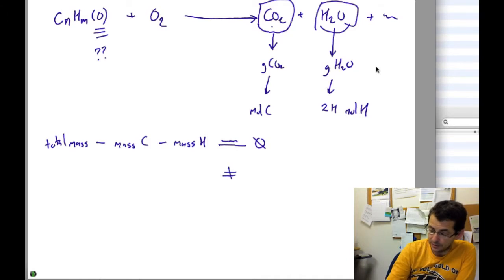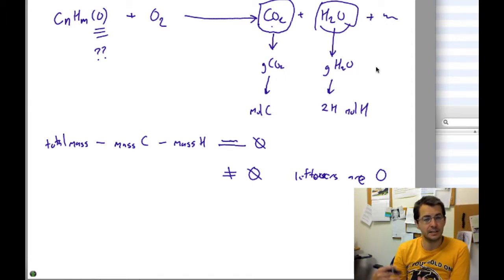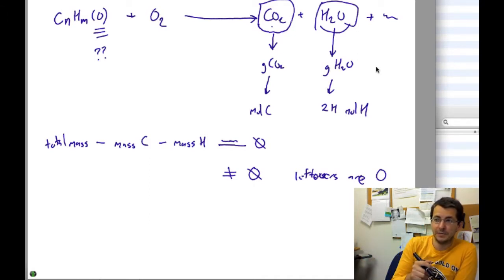If it doesn't equal 0, it means that the leftovers are the oxygen or other element. So it's kind of a nice trick, right? We don't often think about it, but if we know how much we start with and we know how much we end up with, whatever's missing is the other elements present.